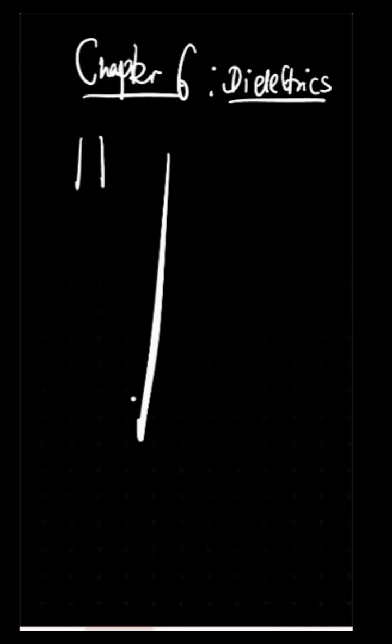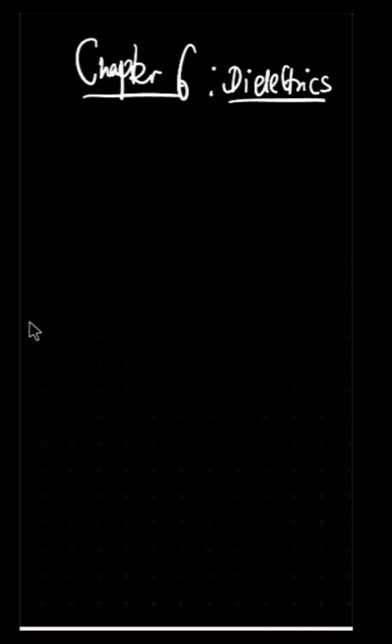The next importance is that they can serve to increase the maximum potential difference across the capacitor. Yes, the dielectric has an effect on the potential difference, as we will derive very quickly. And the third one is that they also help to increase the capacitance of the capacitor.